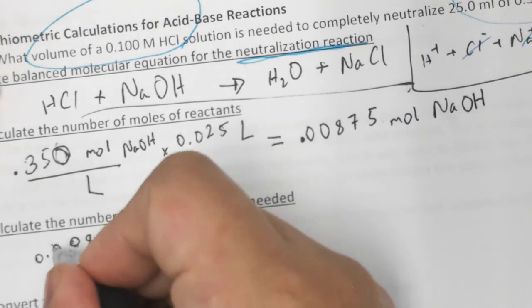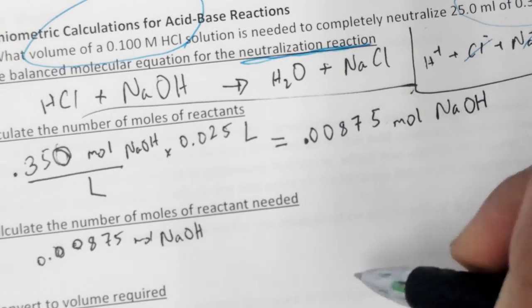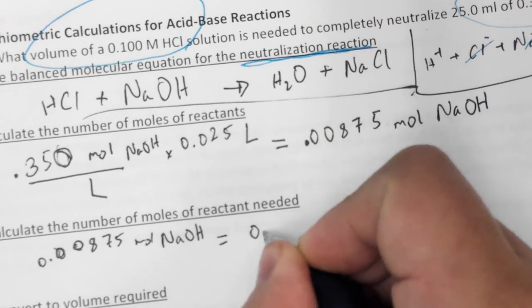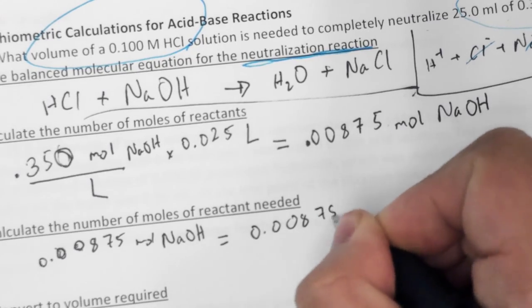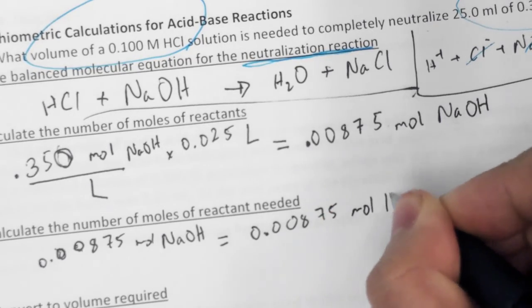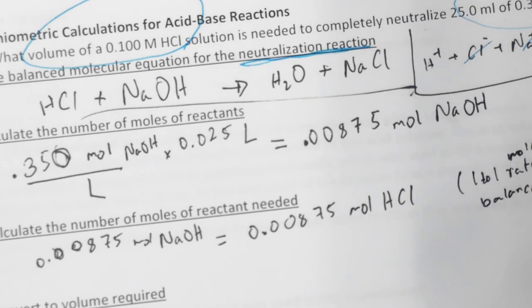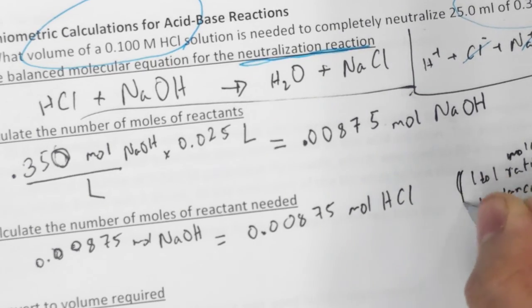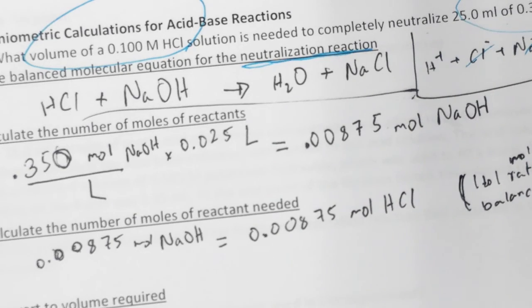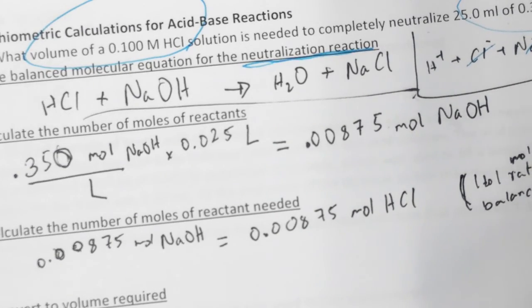Now, if you don't want to do that stoichiometry one by one, you can say it's going to be equal to 0.00875 mole of HCl, and then you can say it's 1-to-1 mole ratios, right? Based on the balanced chemical equation, or the reaction equation.